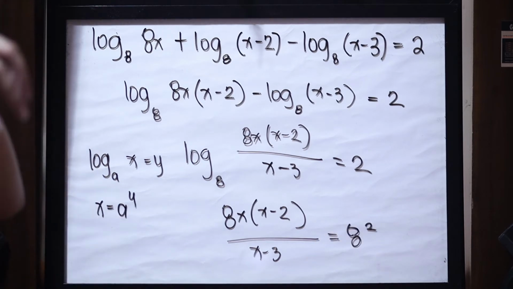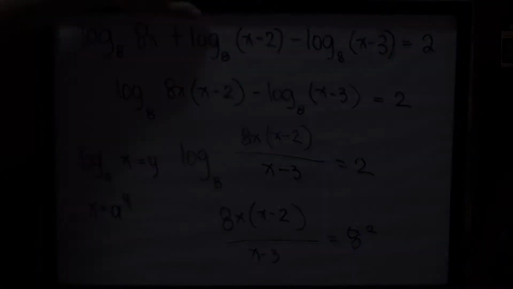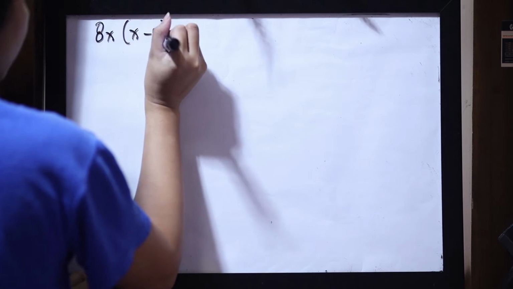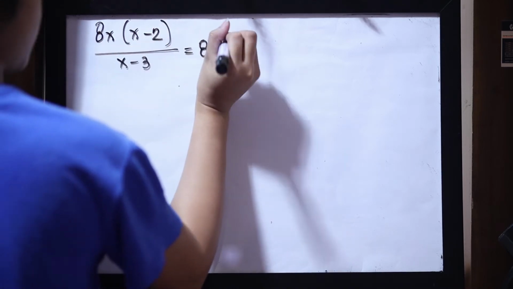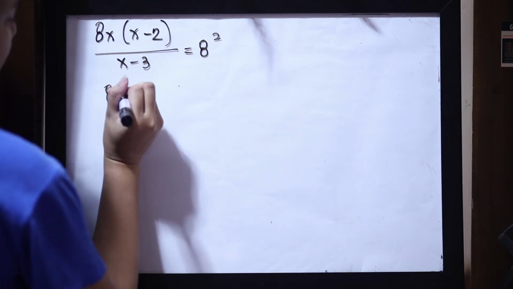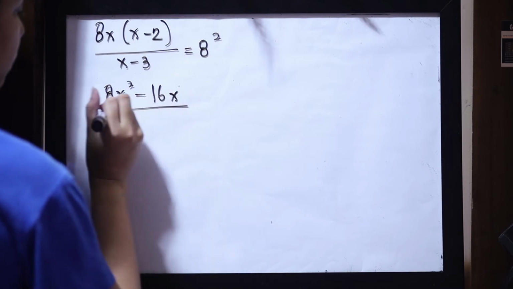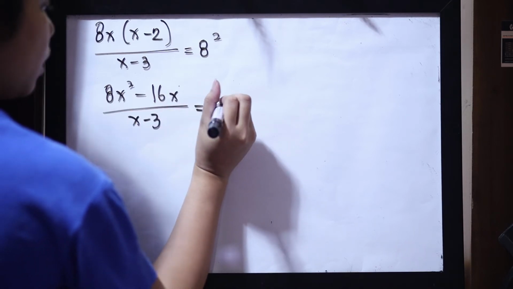Then, we will simplify this one so that we can solve for the value of x. We have 8x multiplied by x minus 2 all over x minus 3 is equal to 8 squared. Then, we simplify: 8x squared minus 16x all over x minus 3 is equal to 64.